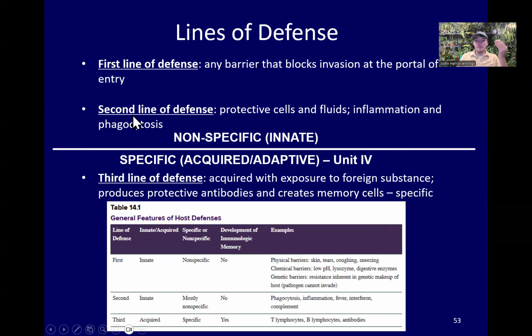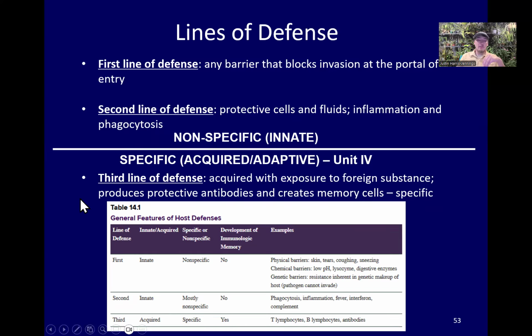Then there's the second line of defense, which is a more cellular response that is generalized to most pathogens that trigger some responsive cells of the innate immune system. And it also triggers inflammation and phagocytosis and tissue remodeling within the site of infection.